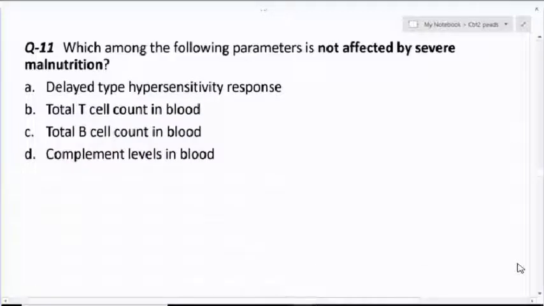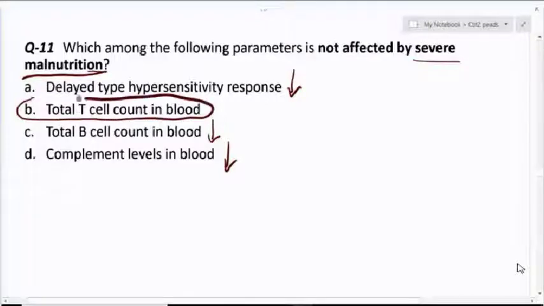The next question is on malnutrition, and remember that in severe malnutrition, especially if you look at the B cells, they are reduced in the blood. The delayed type hypersensitivity reaction is also reduced. There are also complement abnormalities. They are also reduced in the blood, but the total T cell count is not affected.